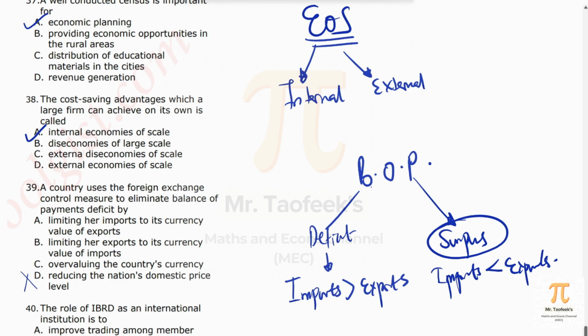No, that's not the answer. If you reduce the prices of things manufactured within the country, the things being exported also become cheaper, whereas you are still importing. So this is not going to reduce your importation.